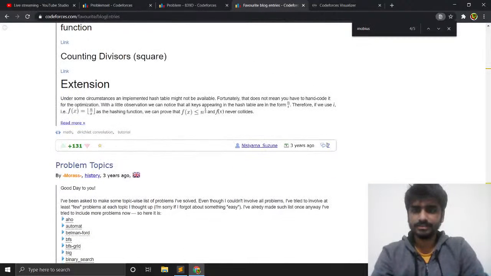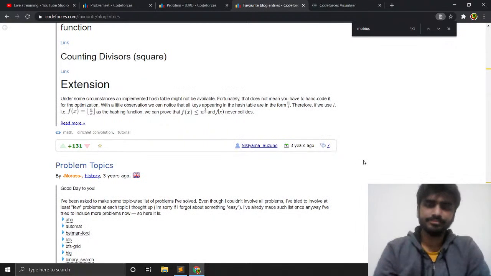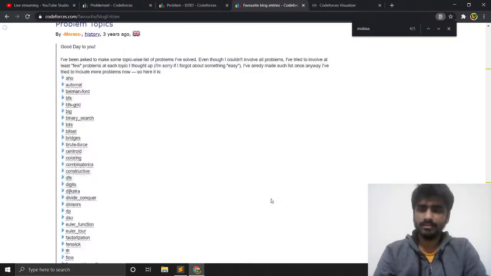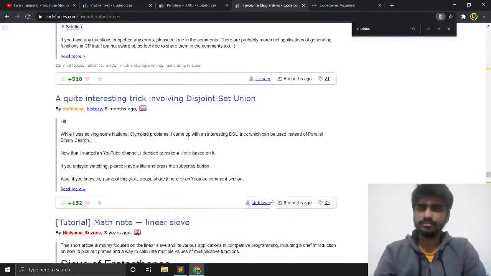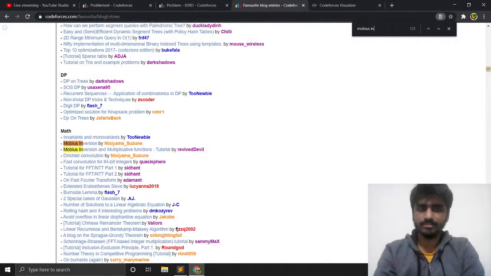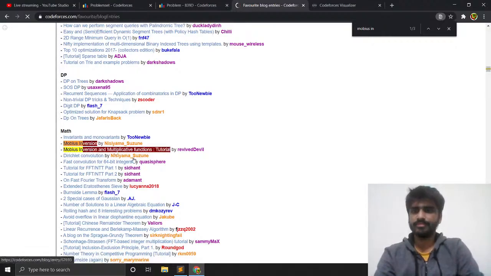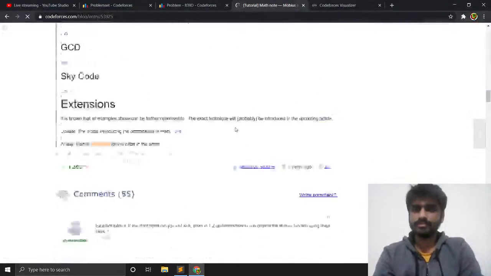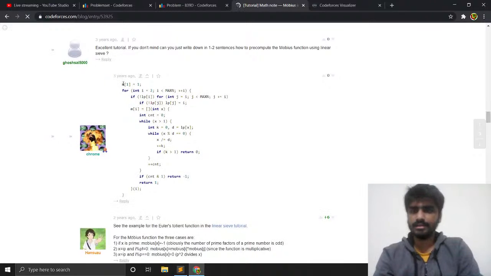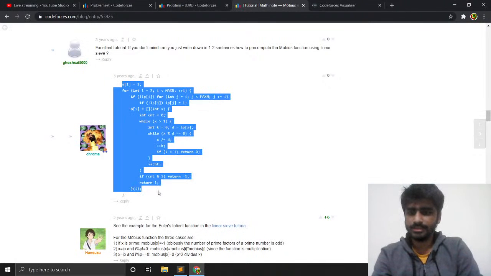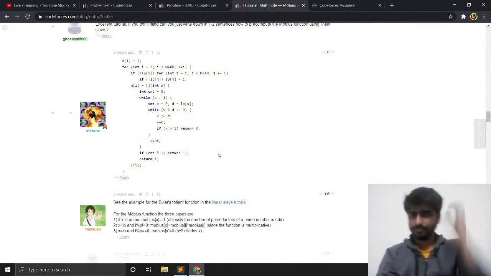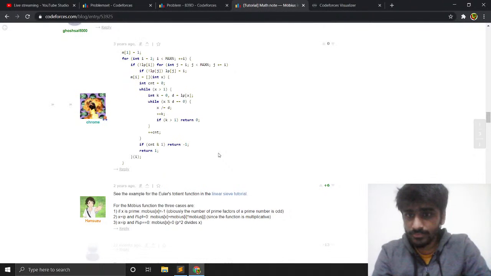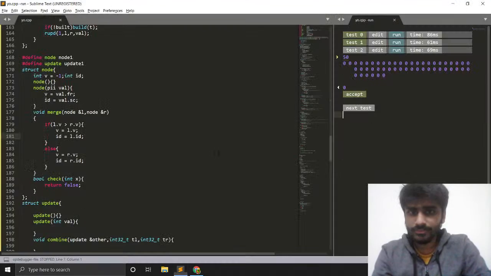I think it was in the comments. So these are some of the things I never rewrite. Yeah, here's the code to find the Mobius inverse. Okay. Anyway.